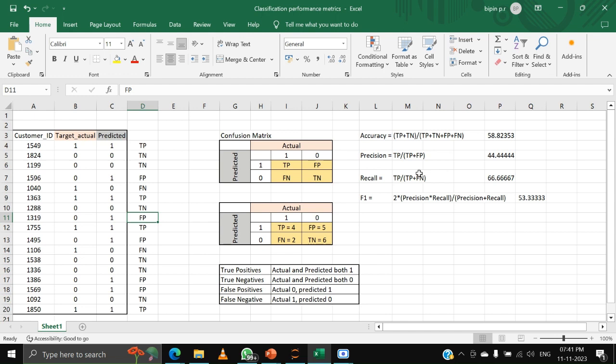Got the point? So we are finding out the TP, TN, FP, FN like this. Any doubt up to this? What are true positives, true negatives, false positives, and false negatives?